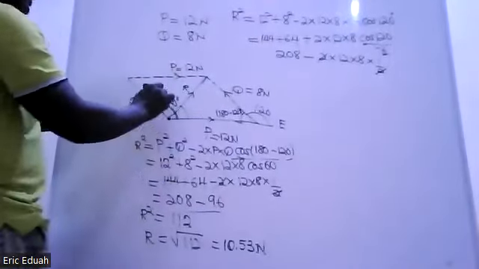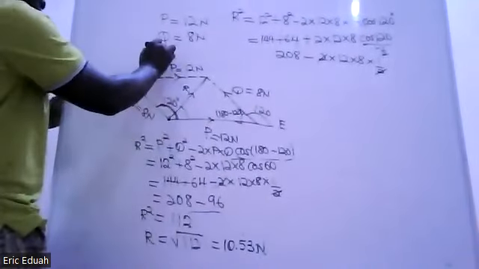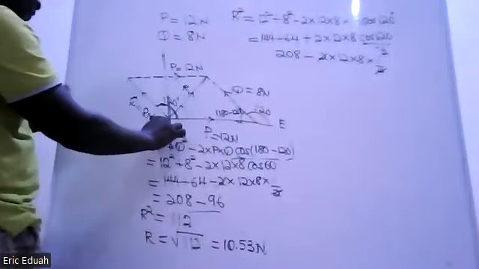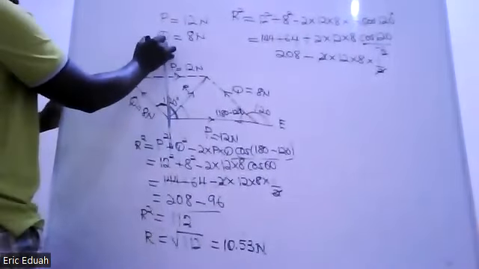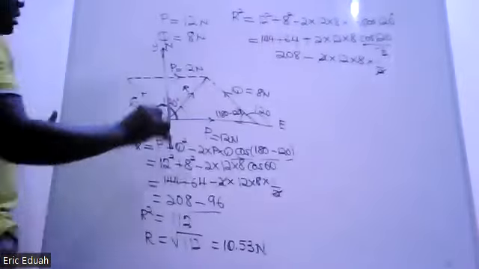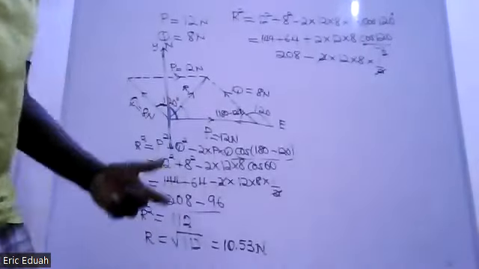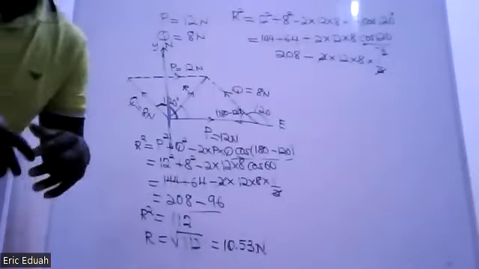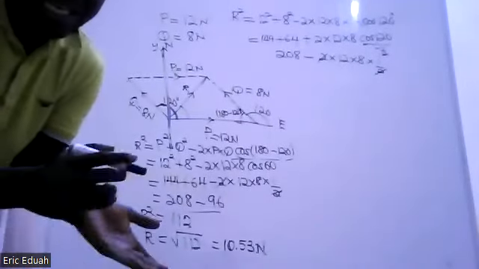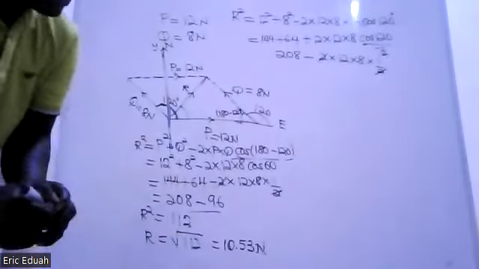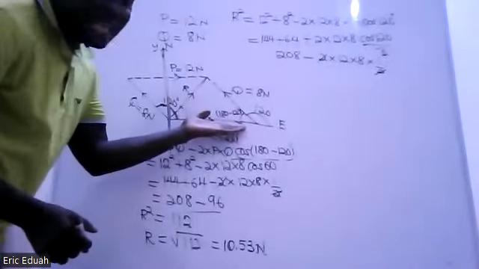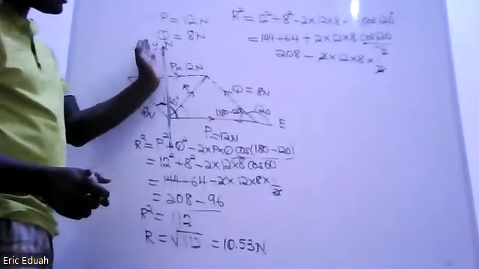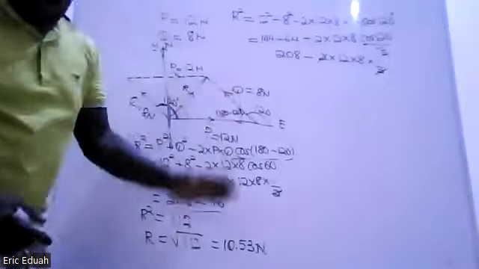When we draw a line through it, we can have y here, or the north. So the angle depends on where you want to take the direction of the resultant from. Is it from the x-axis or east, or from the y-axis or north?